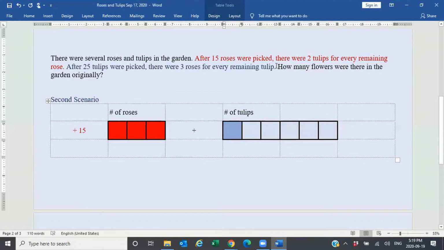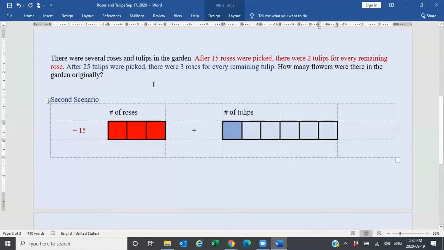Now the question says, how many flowers were there in the garden originally? To get that answer, we need to find out how many flowers each smaller rectangle represents. As I said before, these aren't really squares.